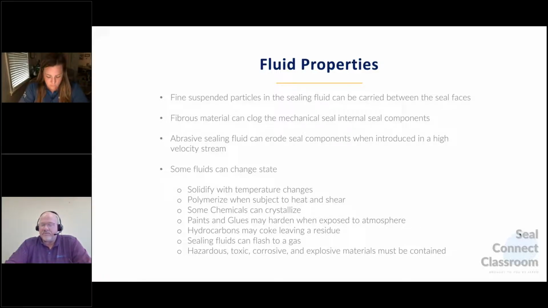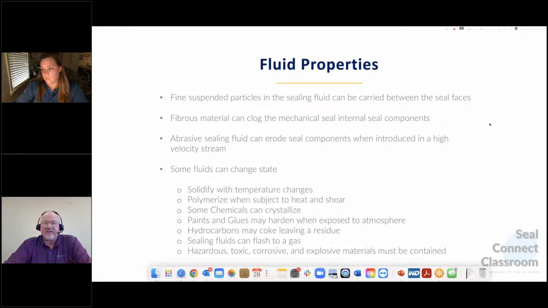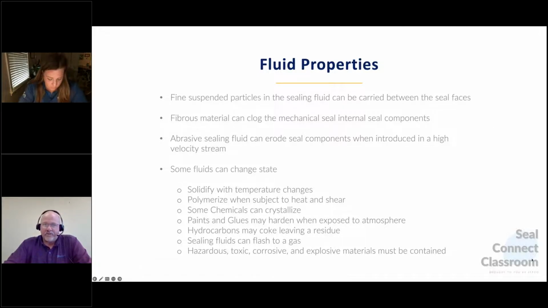fiber material, things that have suspended materials. If what you're pumping has suspended fibers in it, those fibers not only can get into the seal, but they can actually get into the stuffing box cavity and they'll dewater. And when they get trapped around the seal, those fibers can actually damage the seal and cut the metal parts and abrade the metal parts away.